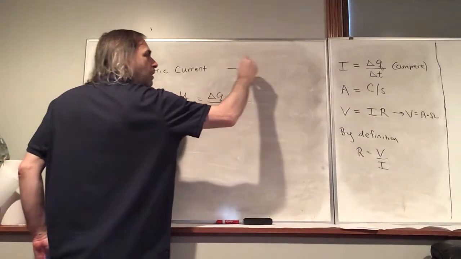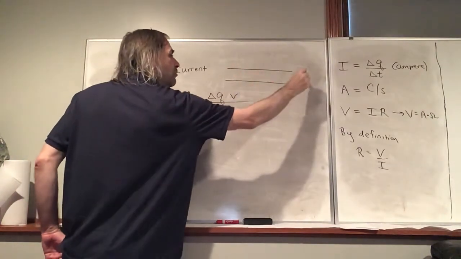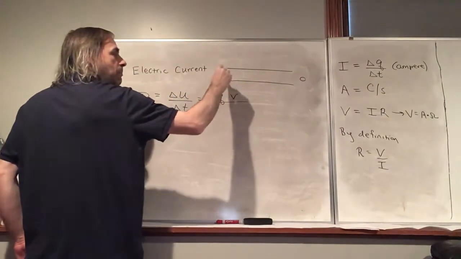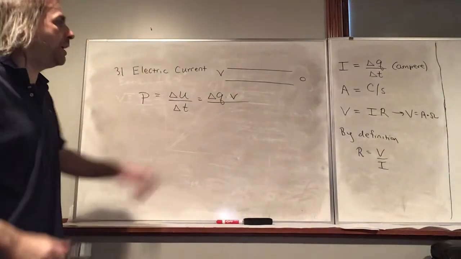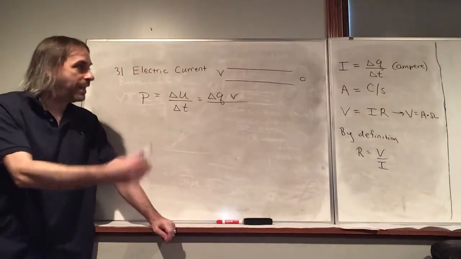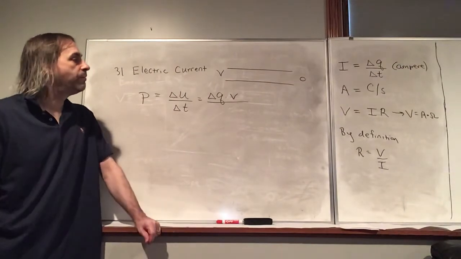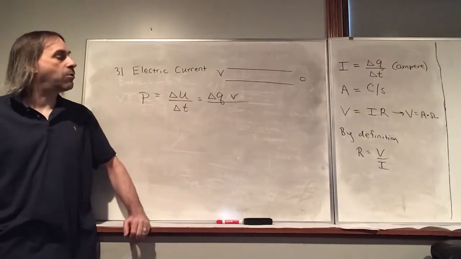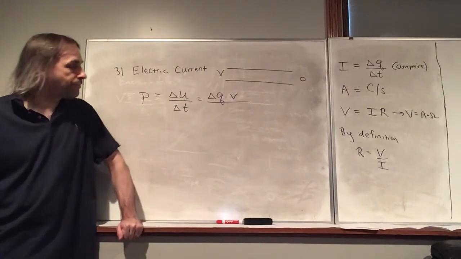We have a conductor here with a potential V between the ends. Since one of the ends we arbitrarily set to 0, we say there's a potential V across these ends, we just call it V.